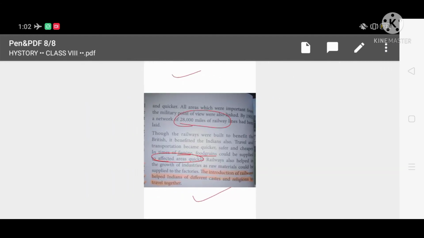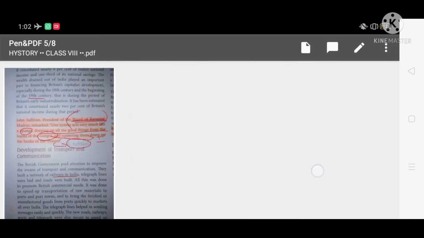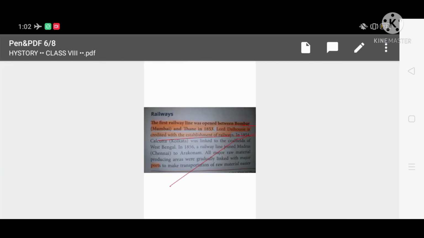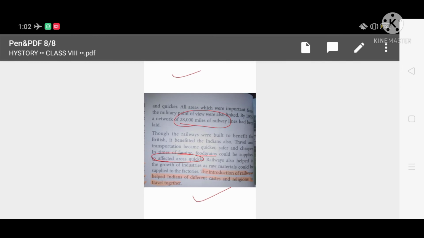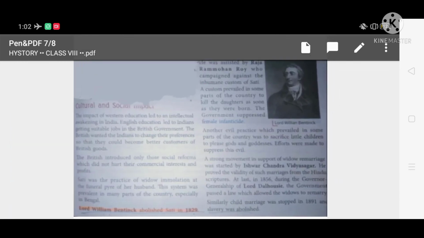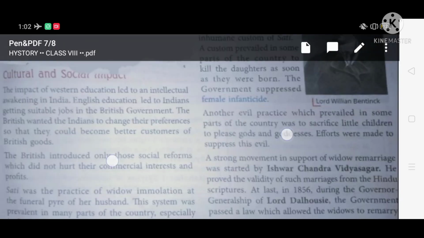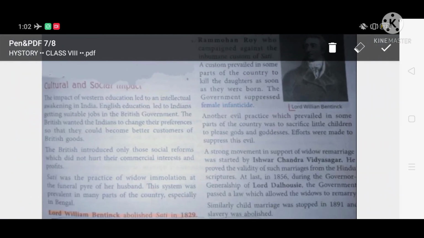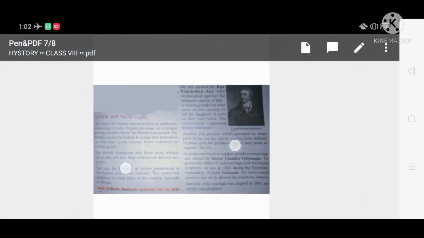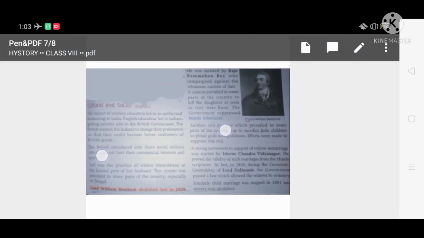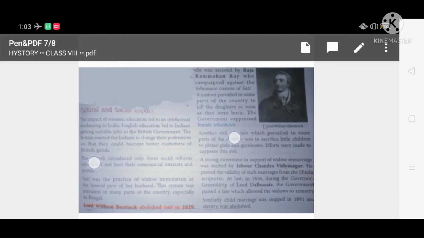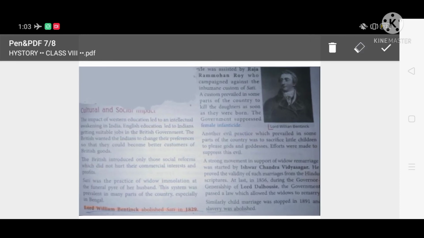I explained this while teaching this only, because in one way I merged it together in order to make you understand easily. So I am explaining only what is there in your syllabus. The Woods Despatch is also there, but it is reduced from the syllabus. As a result, I am not teaching it in this video. If you want, you can put it in the comment section.